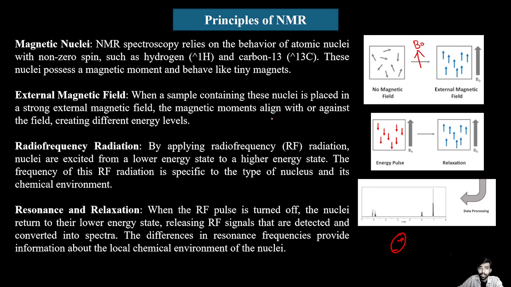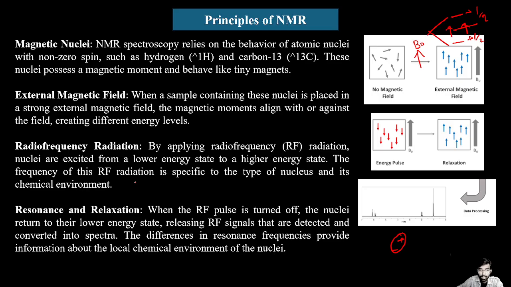And when you apply the radio frequency, they will be excited from the lower state to the upper state. I hope you remember that for a spin-half nucleus there are two states, right? Plus half and minus half. So whenever you give some radio wave, they will be transferred from lower energy to higher energy.